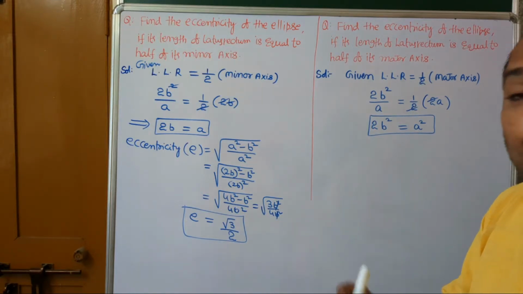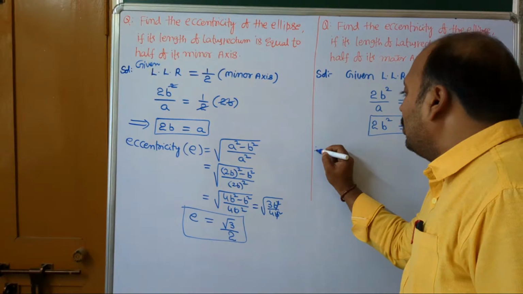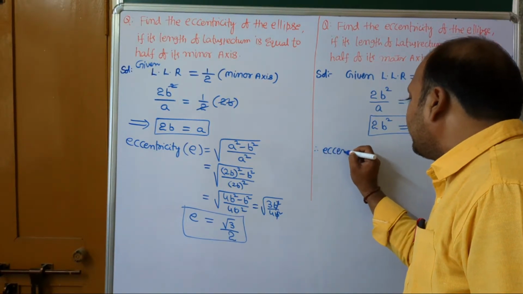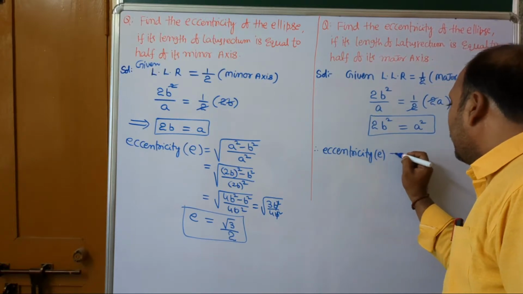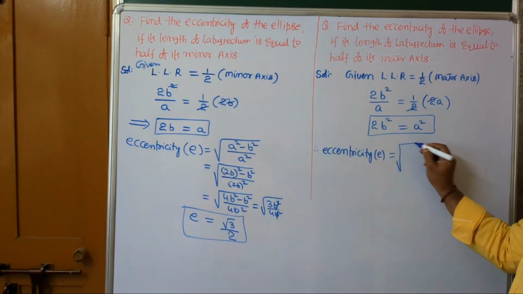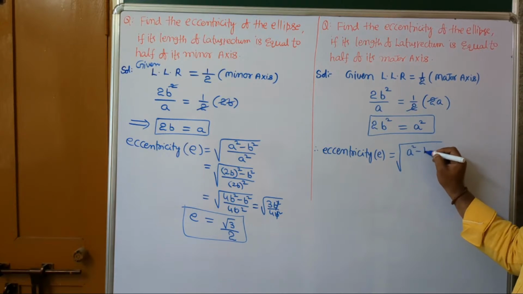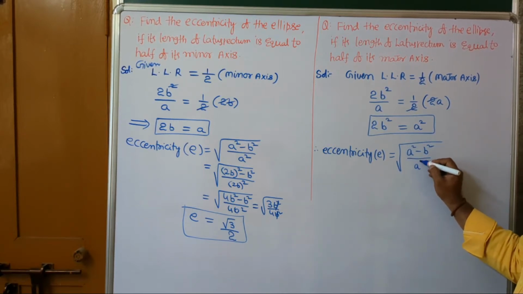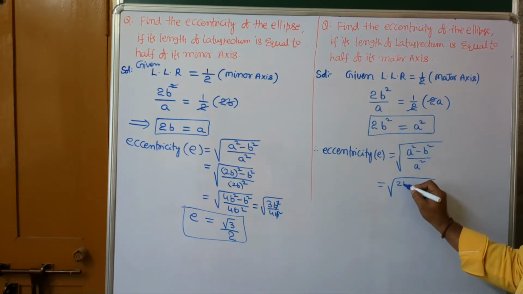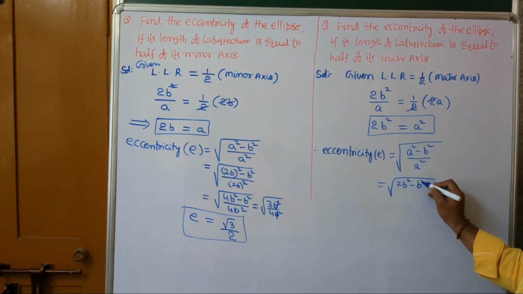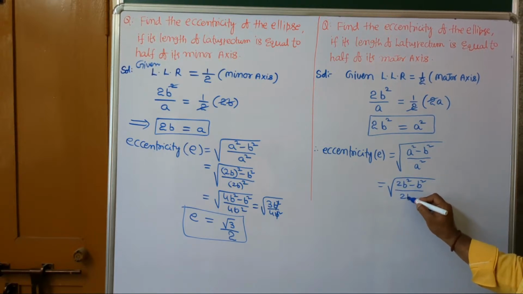So they are asking to find eccentricity. Therefore, eccentricity e equal to, right formula, root of (a square minus b square) divided by a square. So a square means 2b square, so root of (2b square minus b square) by 2b square.